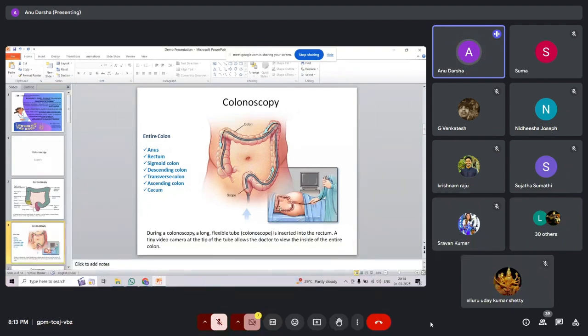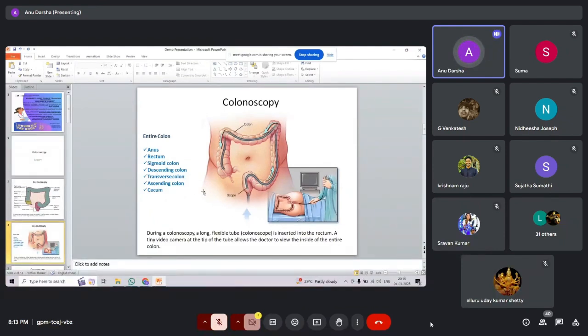So while doing this procedure, the physician will be able to see whatever is there inside this colon, and they will understand if there is any erythema, polyps, or diverticulosis, or any other thing. So that's how they examine anus, rectum, sigmoid colon, descending colon, transverse colon, ascending, and cecum. So all these things will be examined.